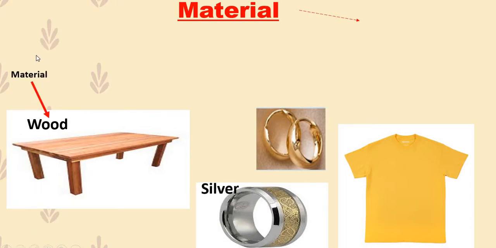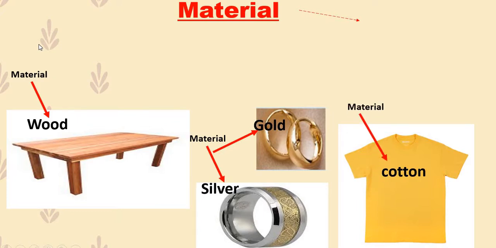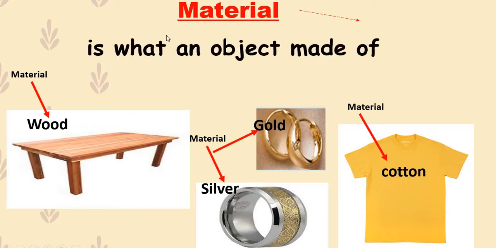The ring, silver or gold, right? So gold and silver are natural materials we need to make jewelry, right? The t-shirt or your dress or your shirt, yeah, from cotton, right? So cotton is a natural material that we use to make a t-shirt.